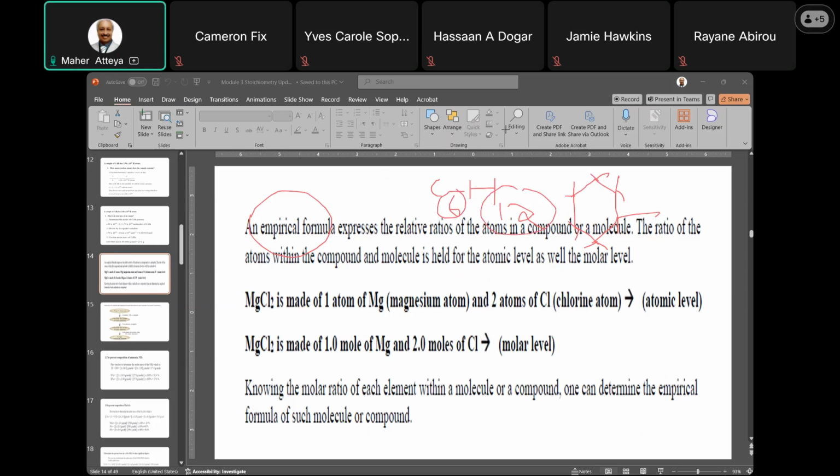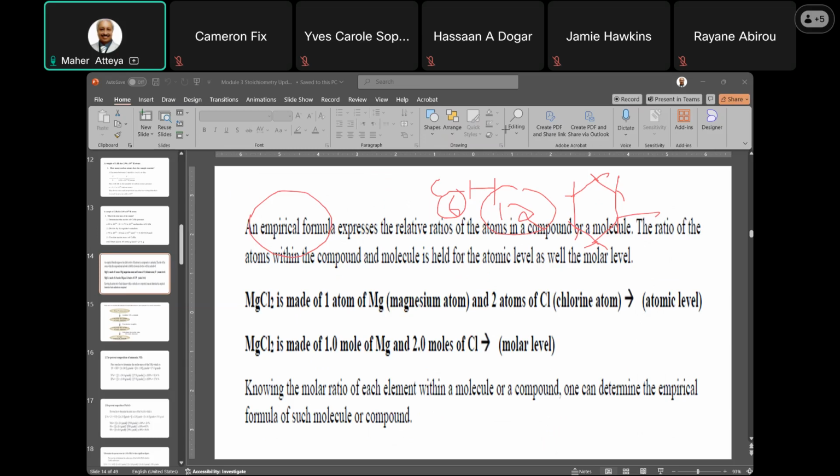The molecular formula is a formula that really expresses the true ratio of the elements within the molecule of the compound. So we have 6 carbons to 12 hydrogens. Now the empirical formula is a reduced ratio.